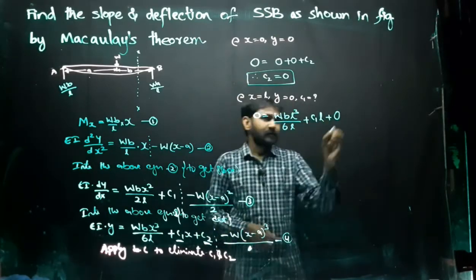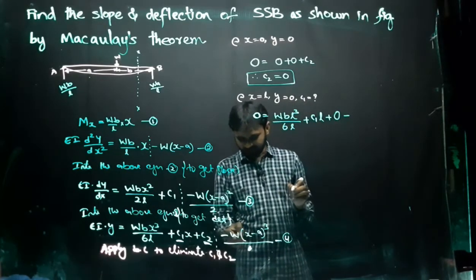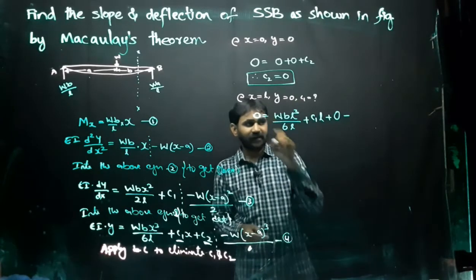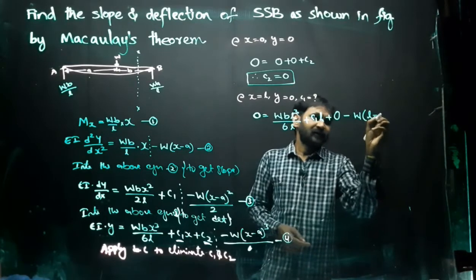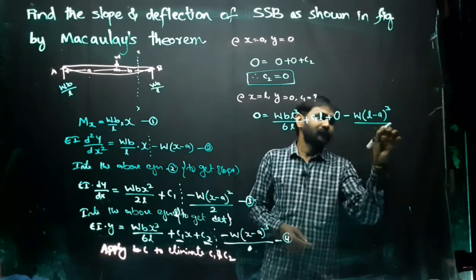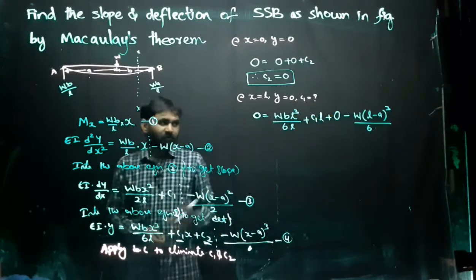Minus W into x minus a whole cube by 6, where x is again L, so W into L minus a whole cube by 6. So let us solve this.